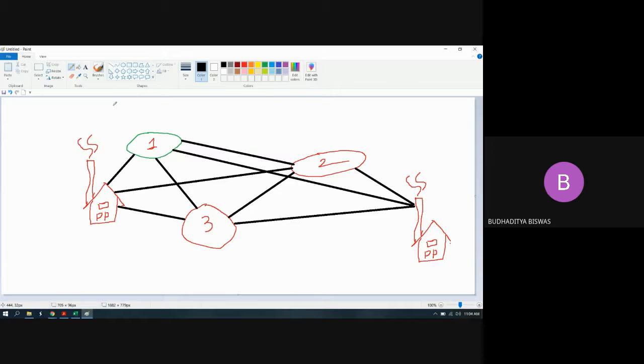Now, for economic load dispatch, these black lines are nothing but transmission lines. And transmission lines have loss. So which parameter does the loss depend upon?